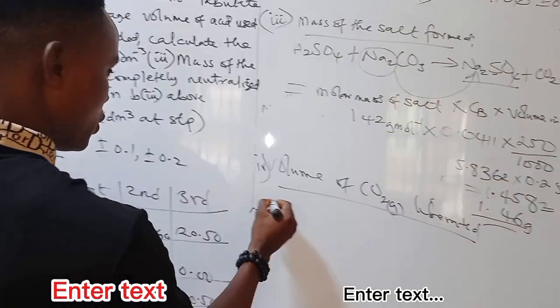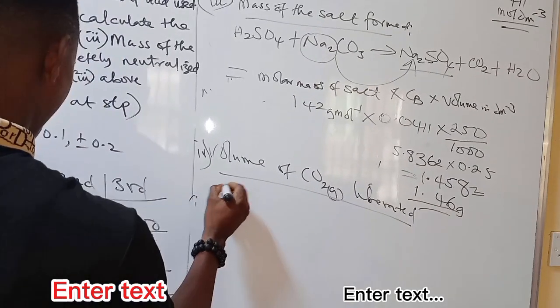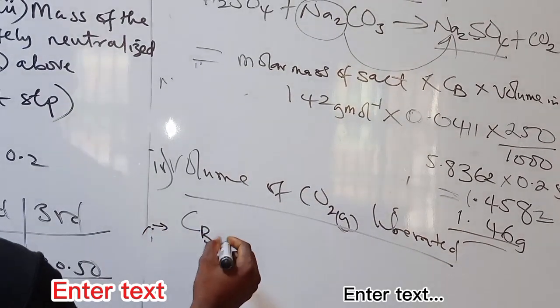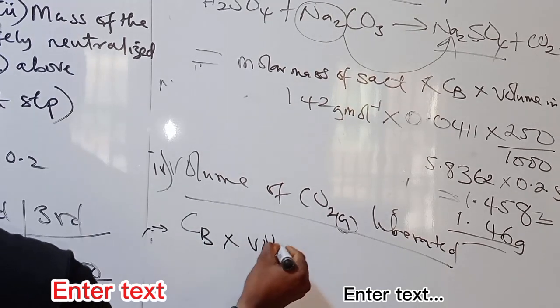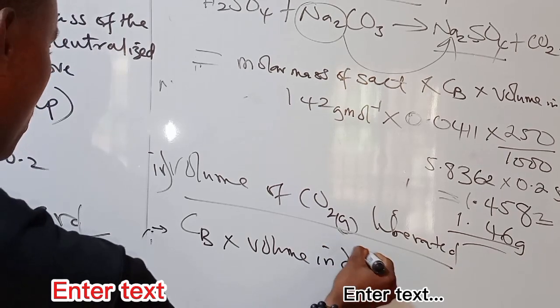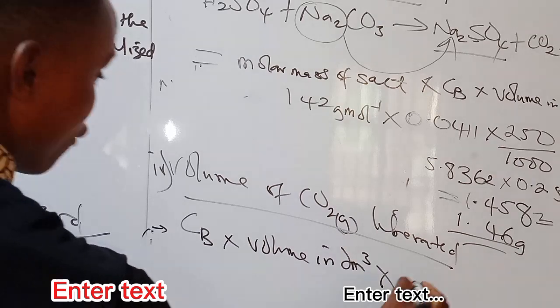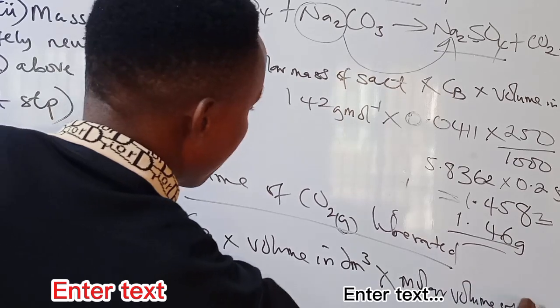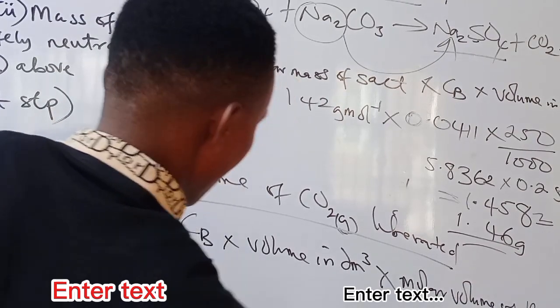The formula we're going to use here is concentration of base multiplied by volume in dm3 multiplied by molar volume of the gas. Molar volume of the gas.